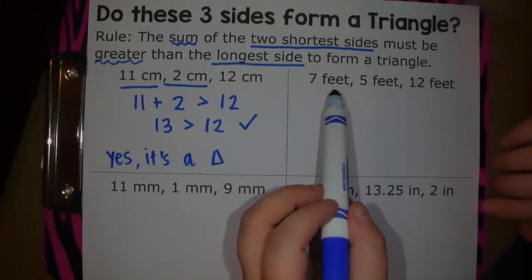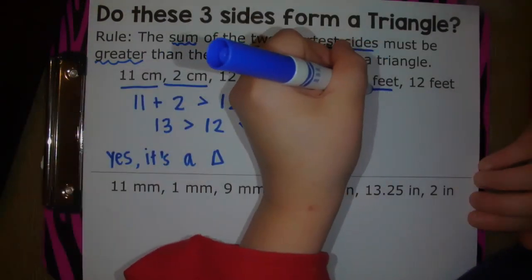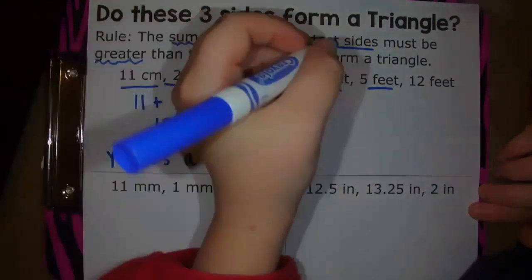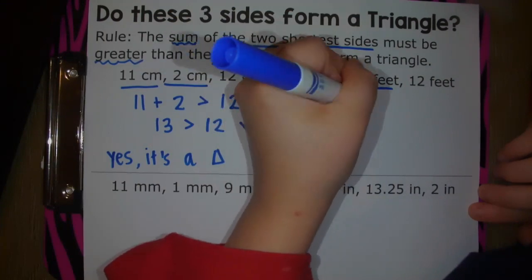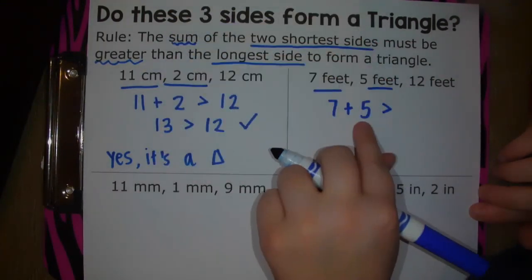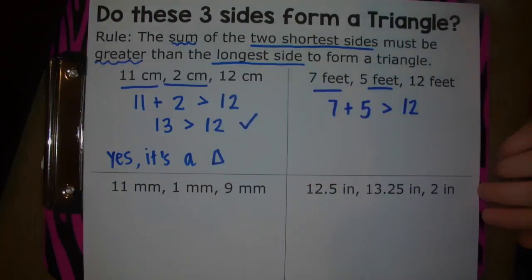Perfect. Now on to my next 3 side lengths. We have 7 feet, 5 feet, and 12 feet. And we need to see if the sum of the 2 shortest sides is greater than the longest side. So my 2 shortest sides are 7 and 5 here. I will add those together and then see if those actually end up being greater than the longest side of 12.